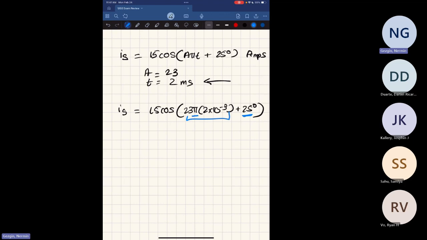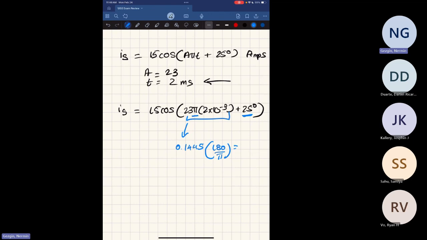A quick way to do this is to first calculate what 23 pi times 2 times 10 to the negative 3 is. That should be around 0.1445. Now we need to convert that to degrees. To convert to degrees, you just multiply by 180 over pi.